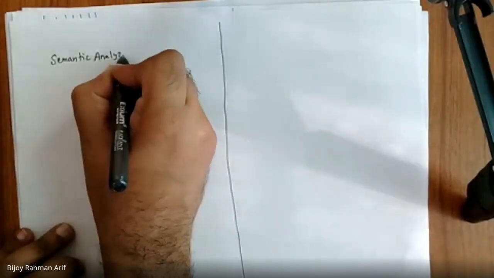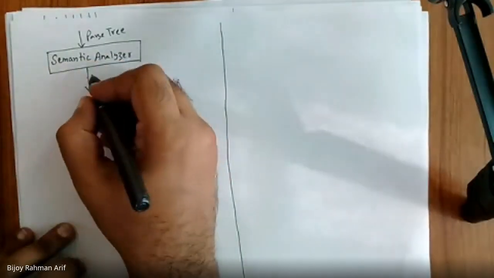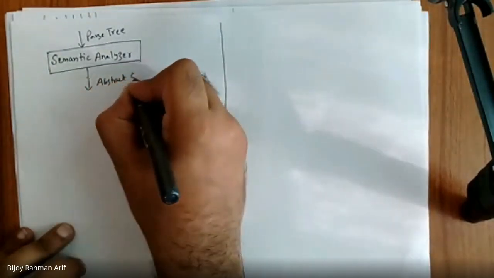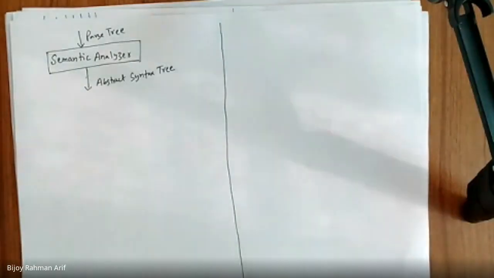Parse tree. And what is the output of semantic analyzer? Abstract syntax tree, or abstract parse tree.